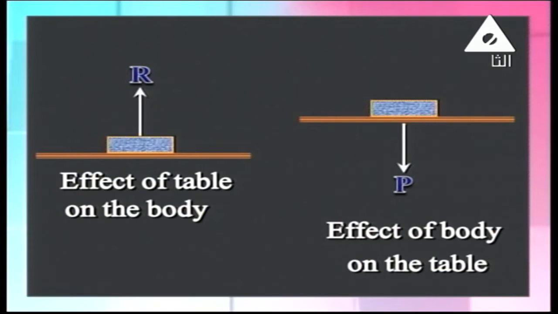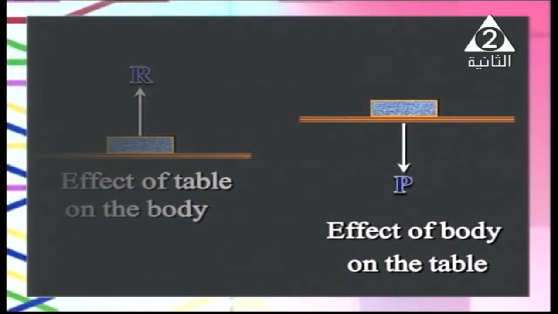The second is the effect of the body on the table. We have two types of forces. Reaction force is R, but the effect of the body on the table, when a body acts on the table by its weight, has the symbol V. But the table acts on the body by reaction force, with the symbol R.